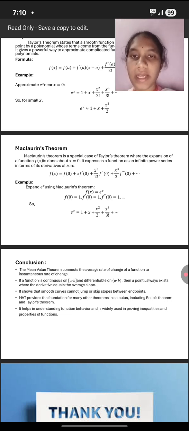Maclaurin's theorem. Maclaurin's theorem is a special case of Taylor's theorem where the expansion of a function f(x) is done about x = 0.